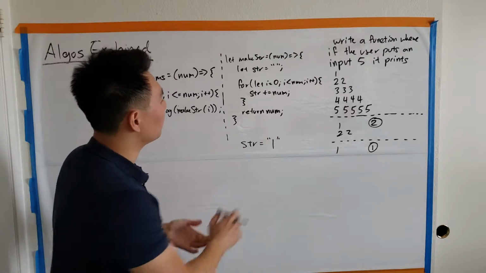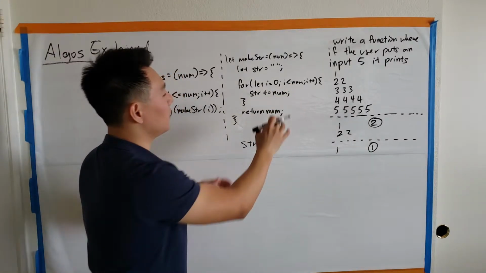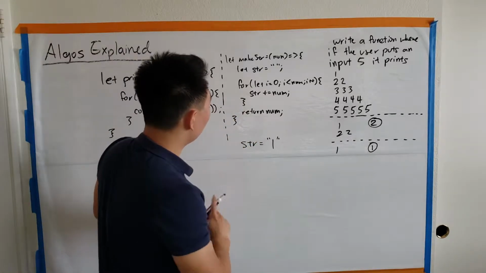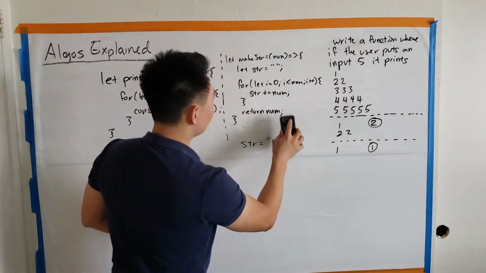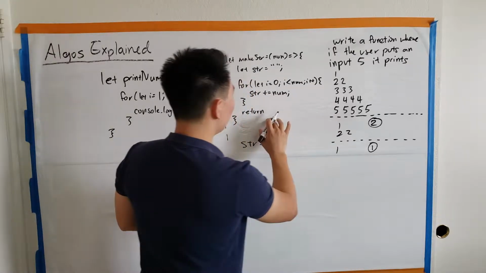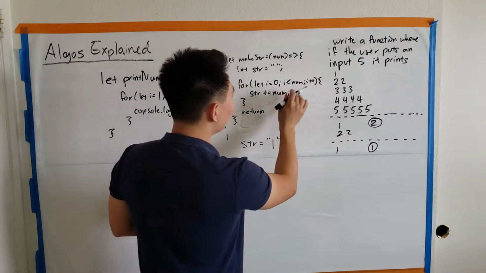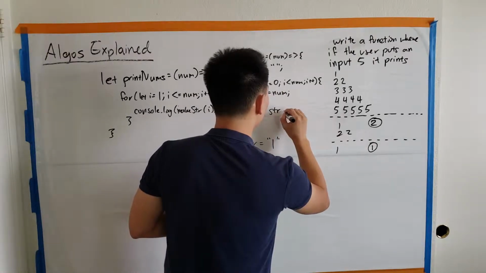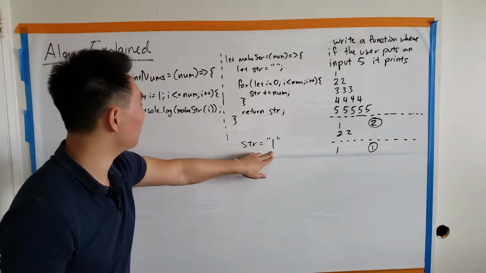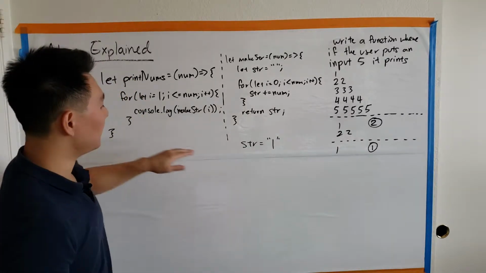And since 1 is not less than 1, we're going to end the for loop and return num, which is wrong. We want to return the string, because we did all this work to build out a string, and we can't just return num. That's not what we want to do. So we want to return string at the end there, and this is our string 1. And so that finishes this case.